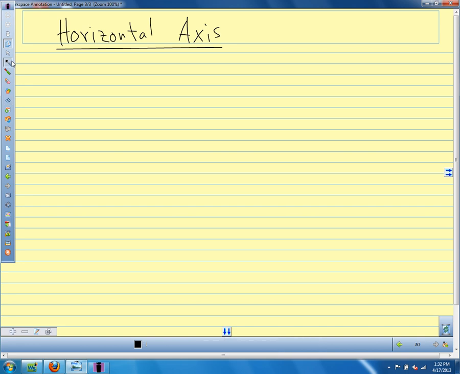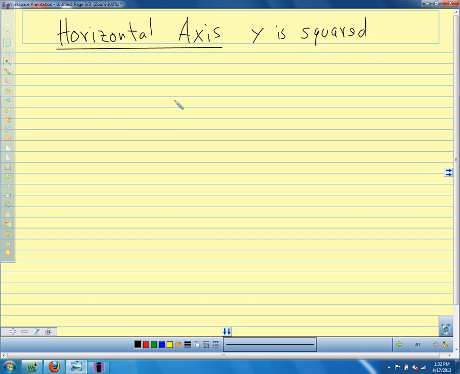So if the y part is squared, we have a horizontal axis. Our standard form is going to be y minus k squared equals 4p times x minus h. And again, our vertex is at the point h, k.